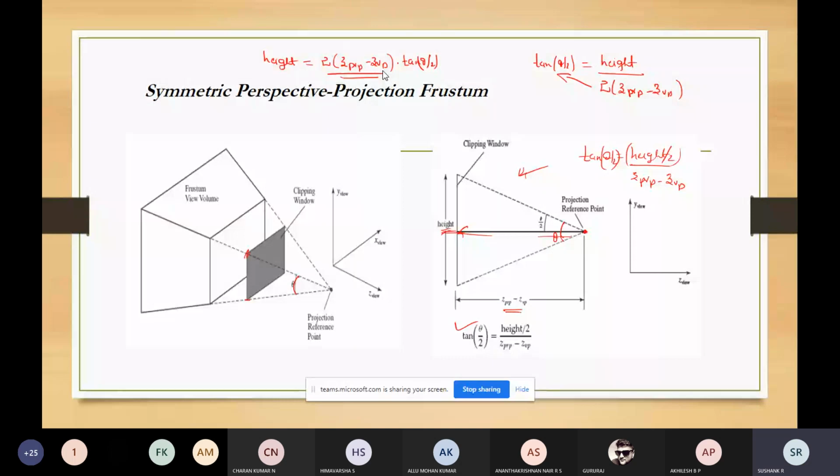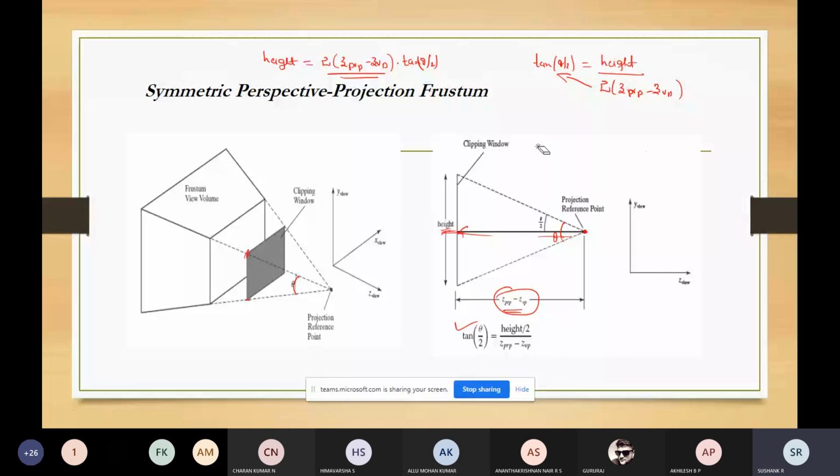You can also calculate ZPRP minus ZVP. How do you calculate that? I'll just multiply, and do it in steps.